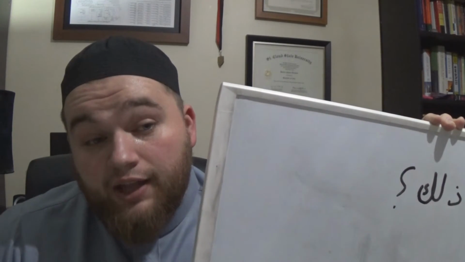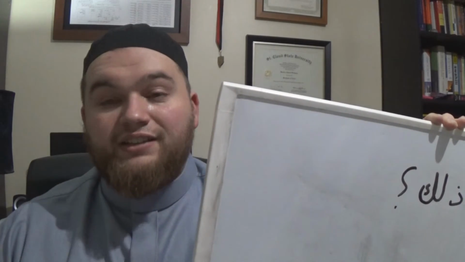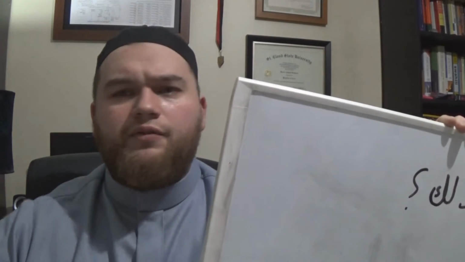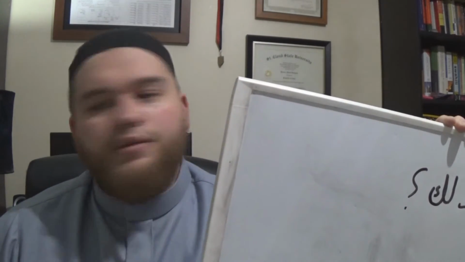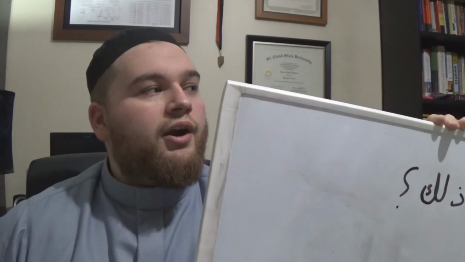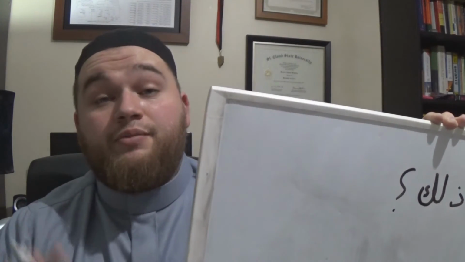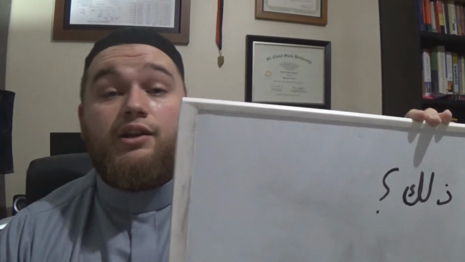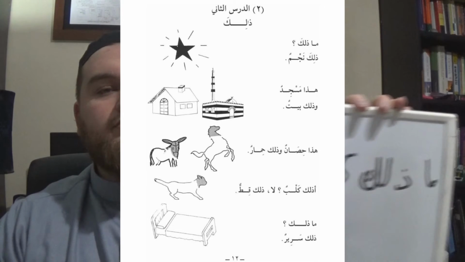In the Chinese language, you say "zhe" for this, and they use that even to refer to objects far away from them. I don't think Arabic is like that. I think Arabic is more like English, where when you say that, you're talking about something a little bit farther away, or something owned by somebody else and not you, instead of saying this.